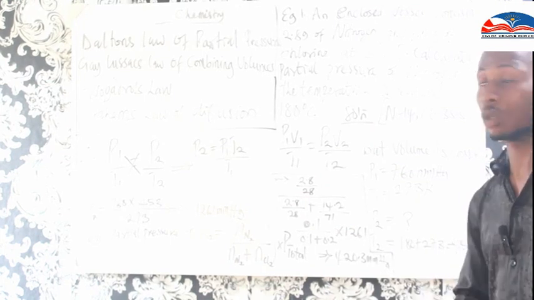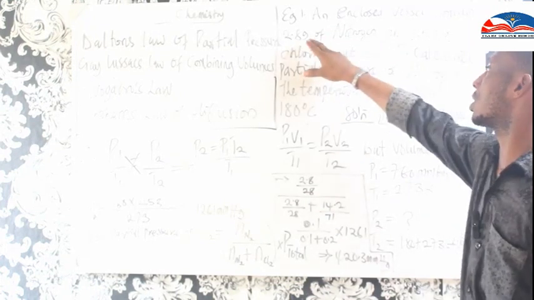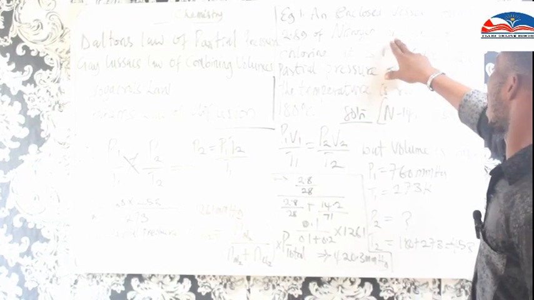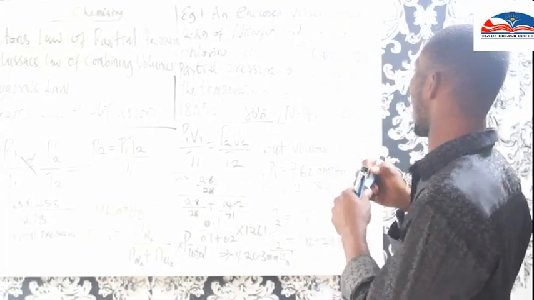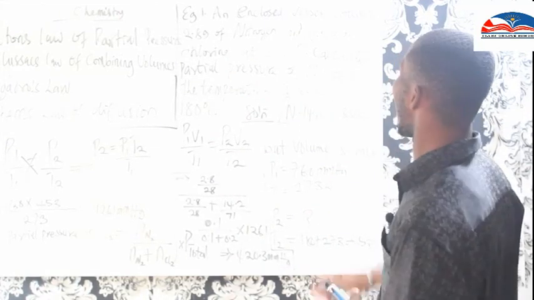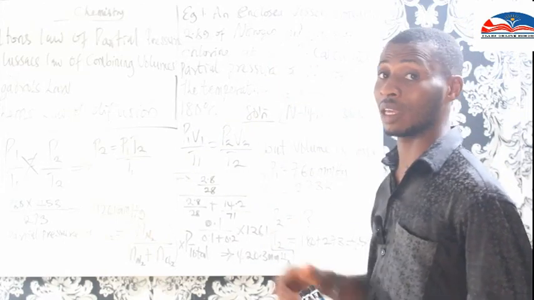Okay, so we have a question here: a closed vessel contains 2.8 grams of nitrogen and 14.2 grams of chlorine at standard temperature and pressure. That particular standard temperature and pressure came again.